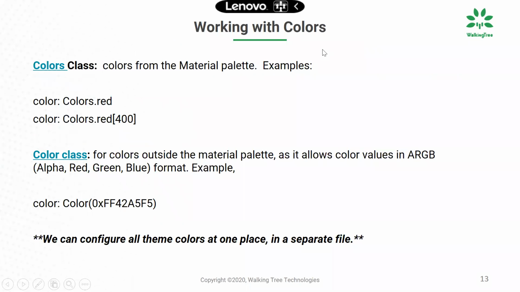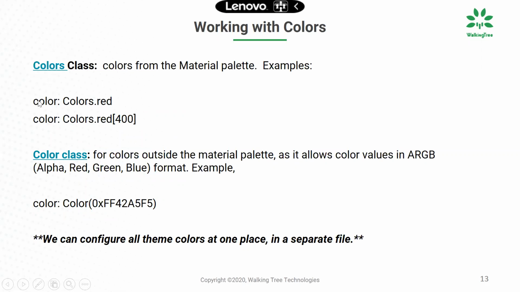So now how do we use colors in our application? In two ways we can use. One is, if we just want to use the material colors from the material palette, there are around 13 or so colors in the material palette, we want to use them, then in that case, we have this Dart class Colors, and it has lots of static constants declared inside it.